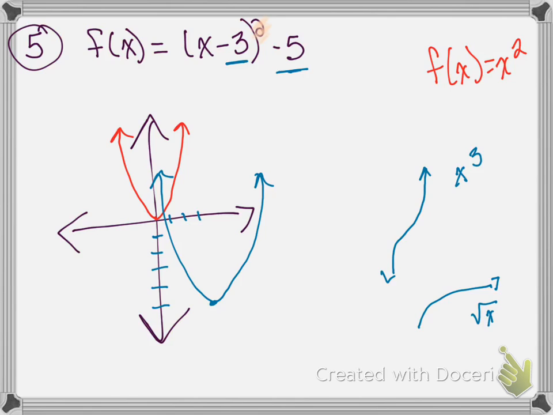This is the absolute value of x. That's what that one looks like. We do have the identity line, which is the straight line. So you can look over those parent functions. I definitely will only use the super main ones.